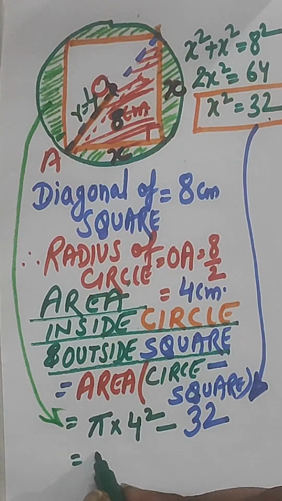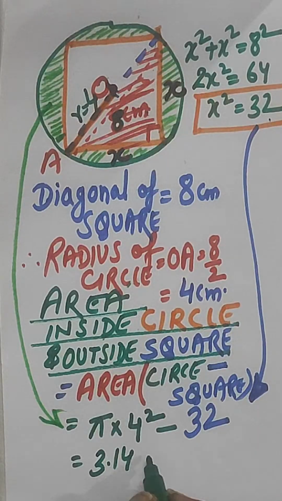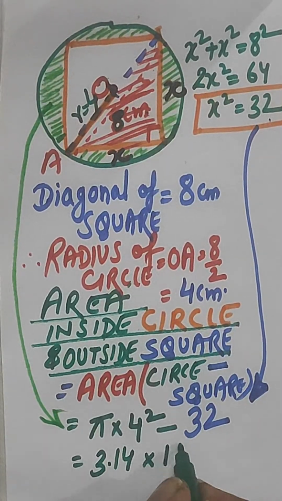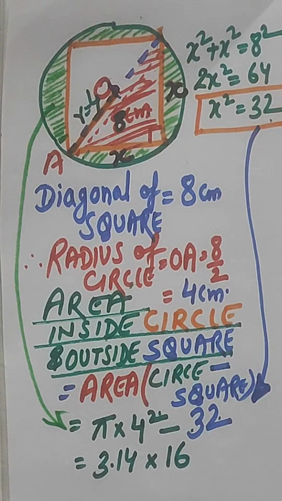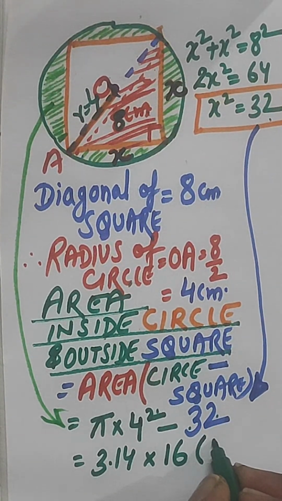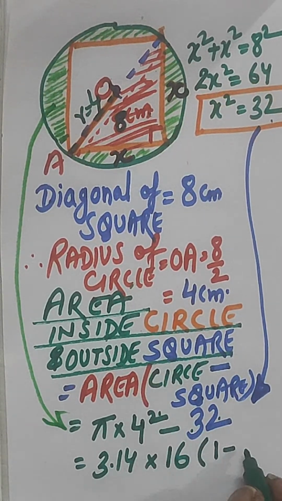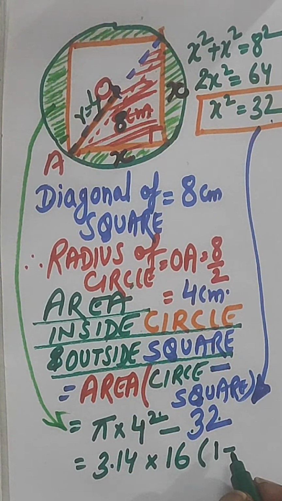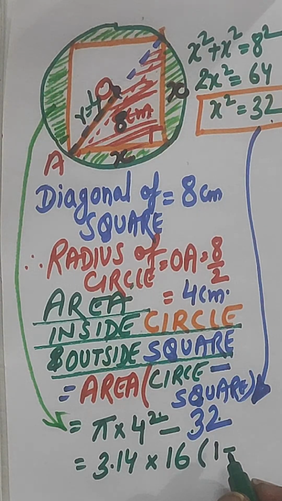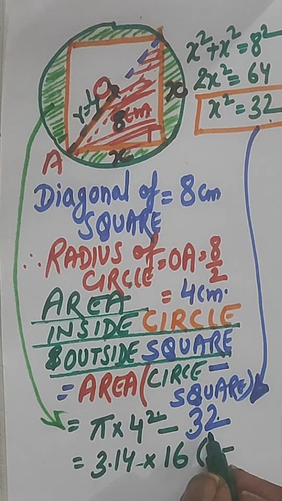Pi is 3.14, multiplied by 16. Pi cannot be taken as common because 32 only will be subtracted.